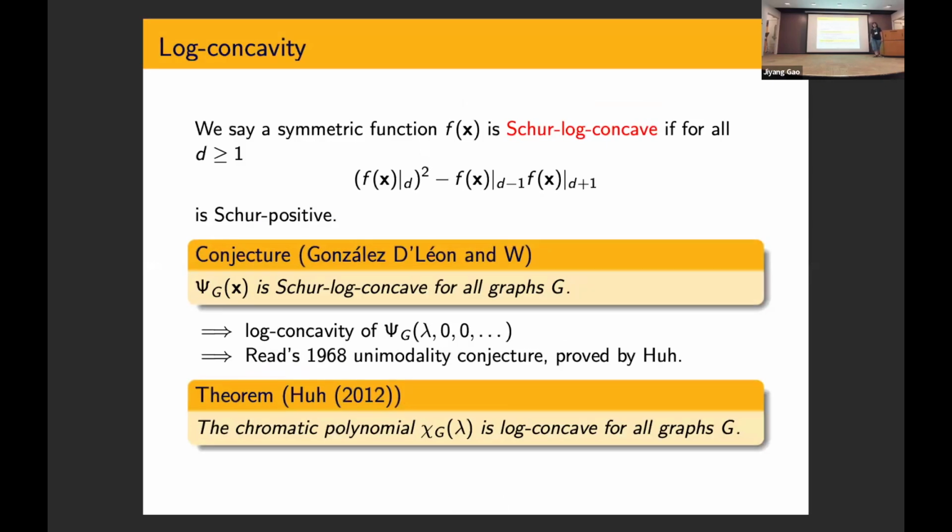So log concavity would imply log concavity of the specialization. And that would imply this famous conjecture of Read, a famous proof of Huh.